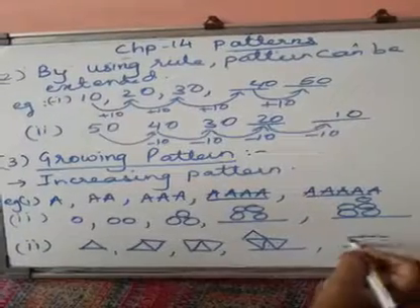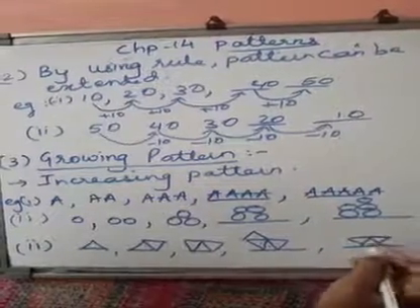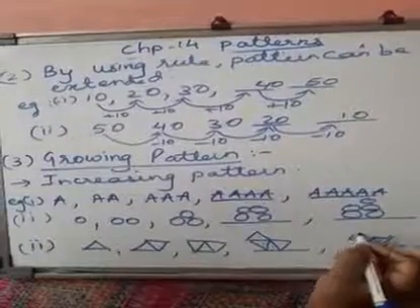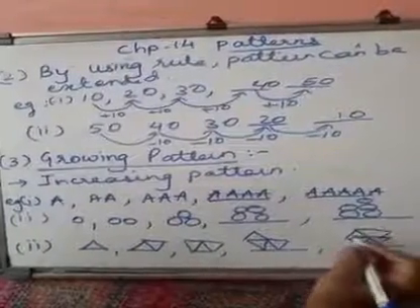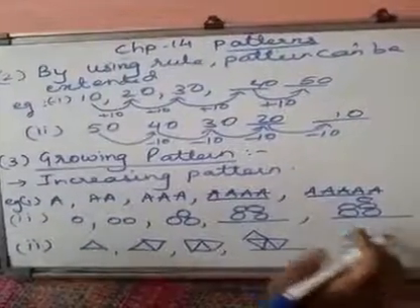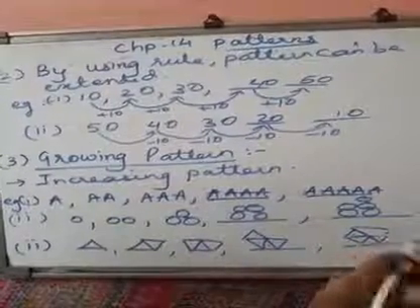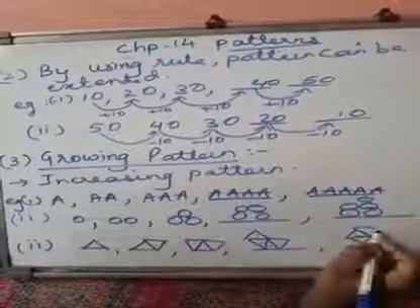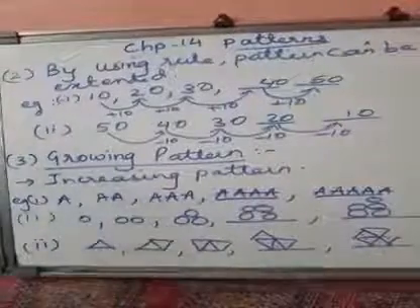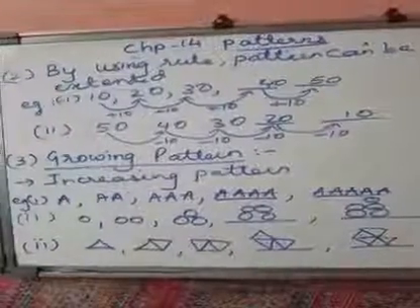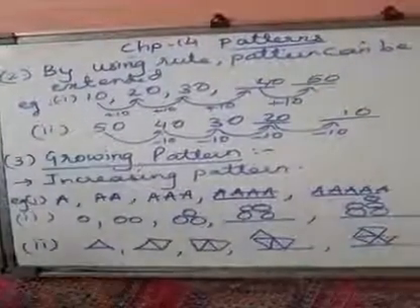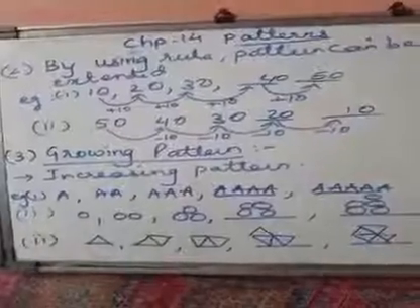Now here can be, so this is 1, 2, 3, 4, 5. So draw it a little properly. So we got 5. Okay. So this way we can form an increasing pattern. Write it down.